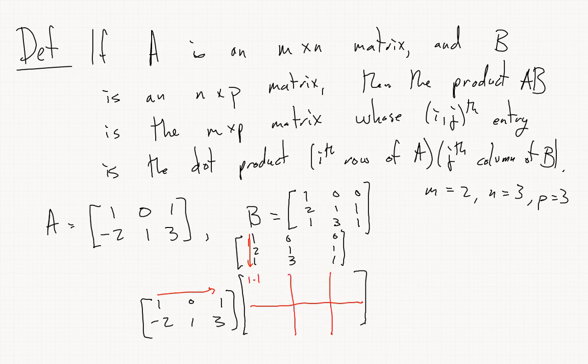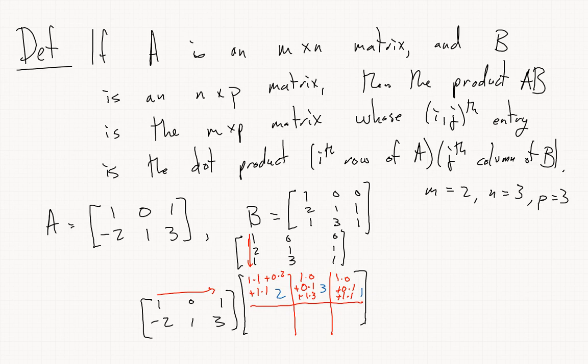So we'll do 1 times 1 plus 0 times 2 plus 1 times 1, and that gives us 2. Then in the next one, we'll go 1 times 0 plus 0 times 1 plus 1 times 3, and so we get 3 here. Then we would get 1 times 0 plus 0 times 1 plus 1 times 1, and that'll give 1 here.